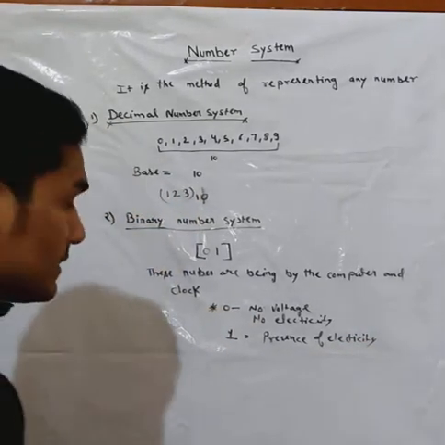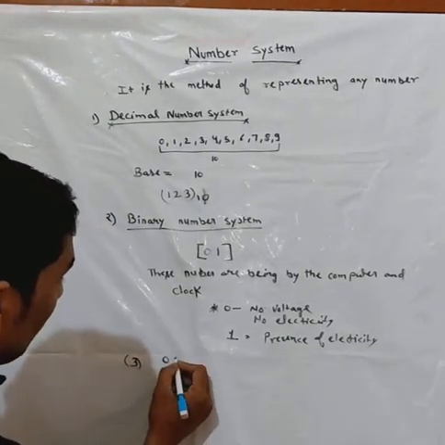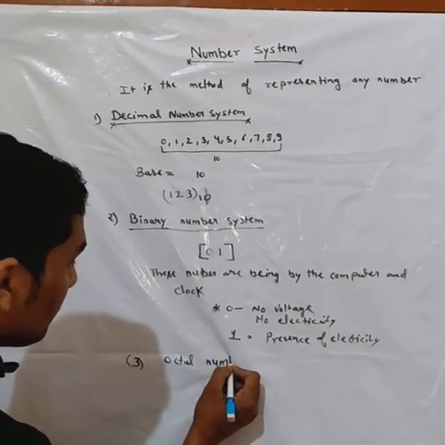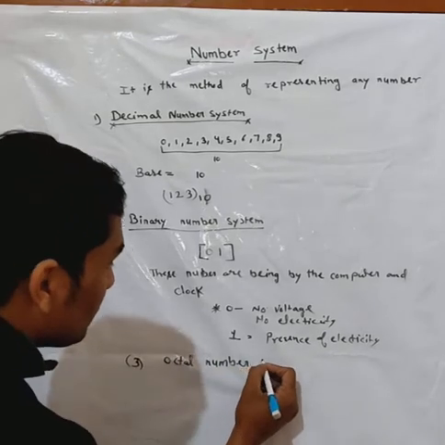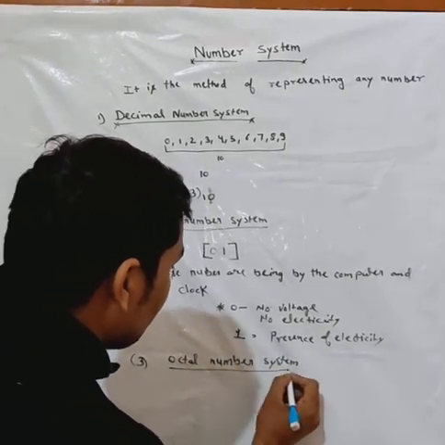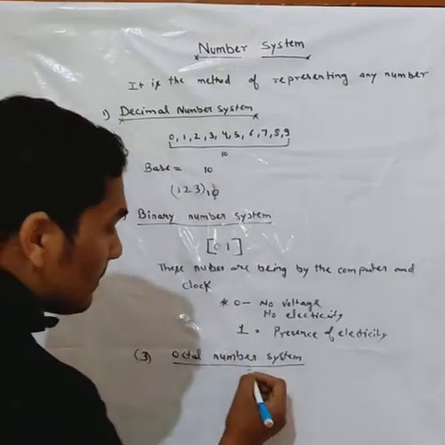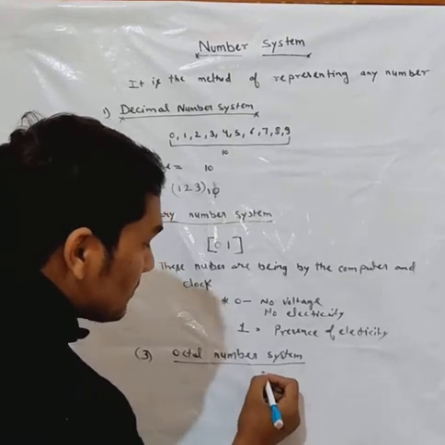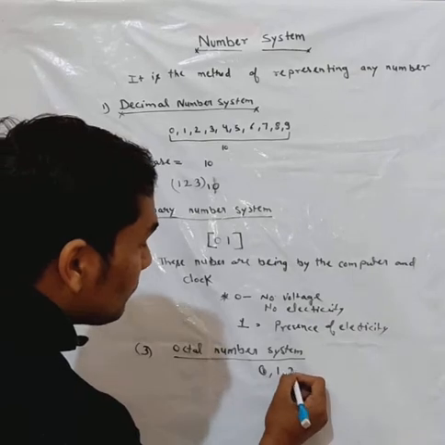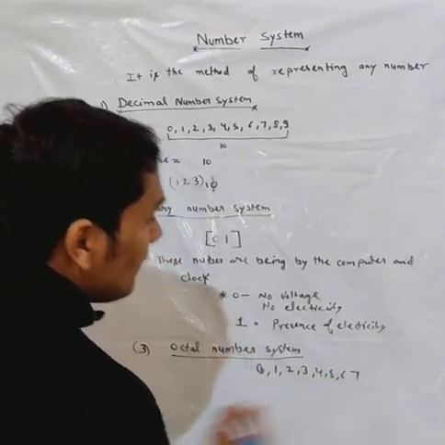And the third one is octal number system. The numbers being used in the octal number system start from 0, 1, 2, 3, 4, 5, 6 and 7.